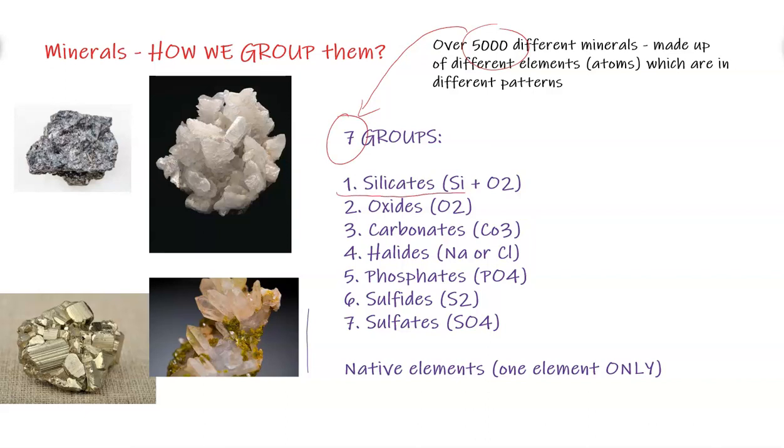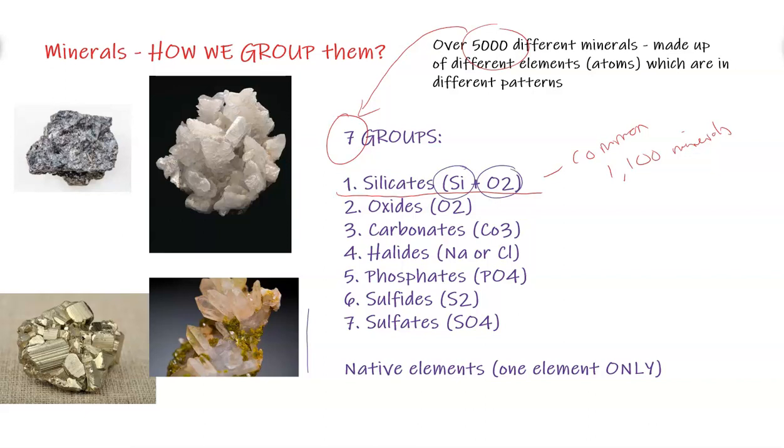Silicates is very important because they're the most common. And there's over 1,100 minerals in this silicates group. Now, silicates basically means that the chemical composition of that mineral must include silicon or oxygen to be called a silicate, right? Okay, so oxides, again, has to have oxygen.